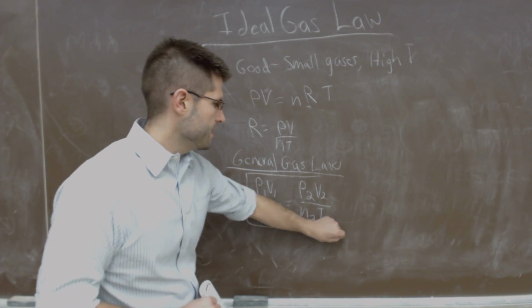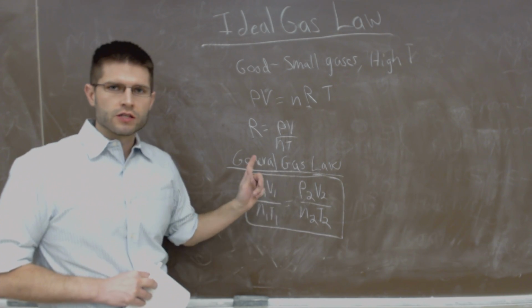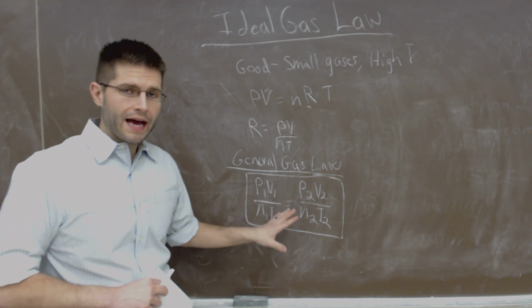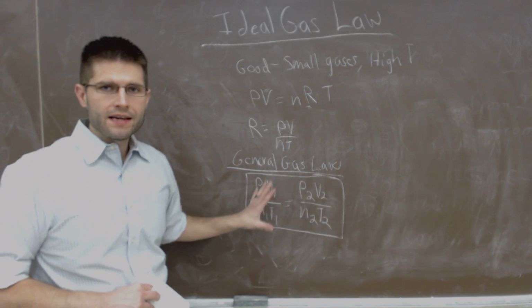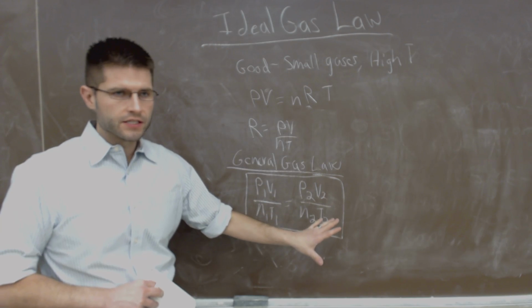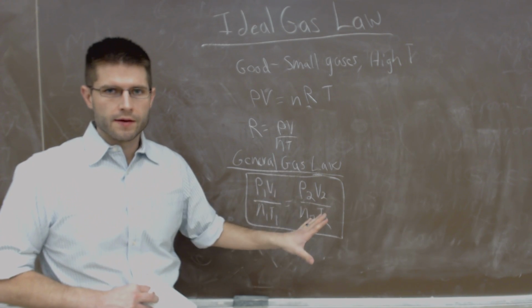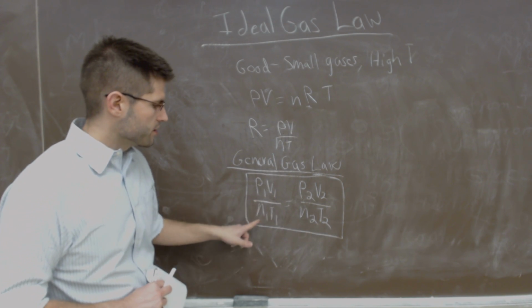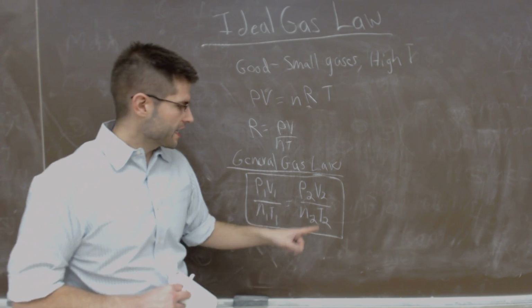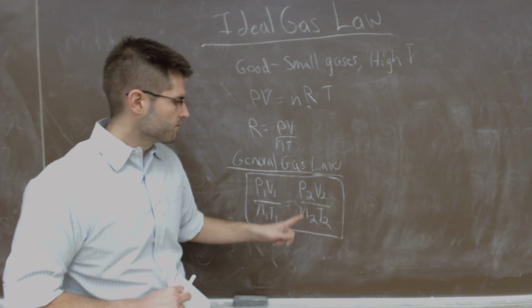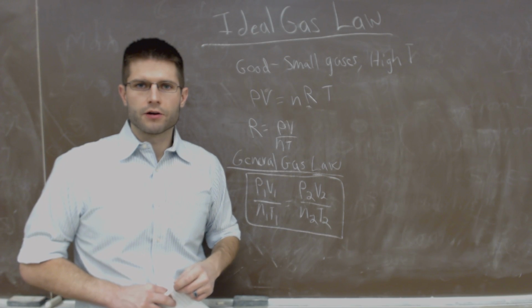This equation here is the general gas law. This allows us to see how any of the variables will change over a given time frame. So if we know the initial pressure, volume, moles, and temperature, and we know the secondary volume, moles, and temperature, we can figure out what the secondary pressure is.